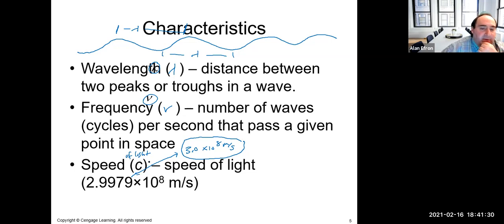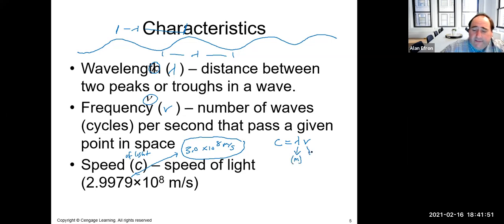And that gives us an important relationship, as we will see. The speed of light is equal to the wavelength times the frequency. If we look at the units of these, the unit of wavelength is typically meters.